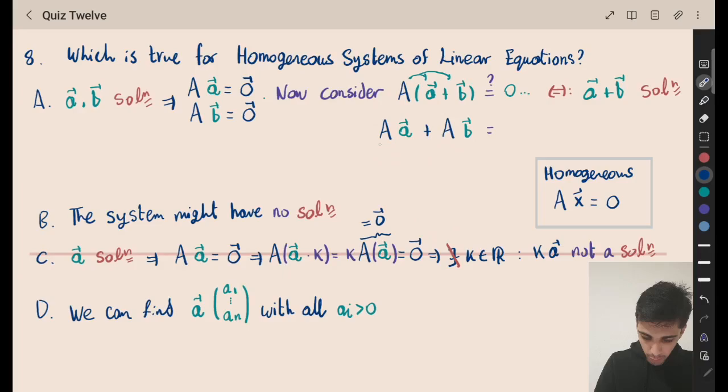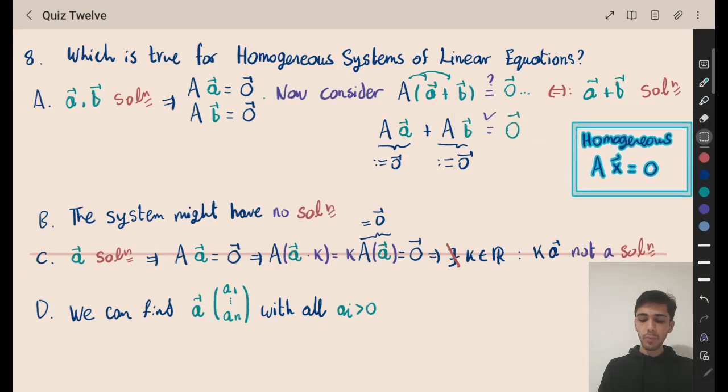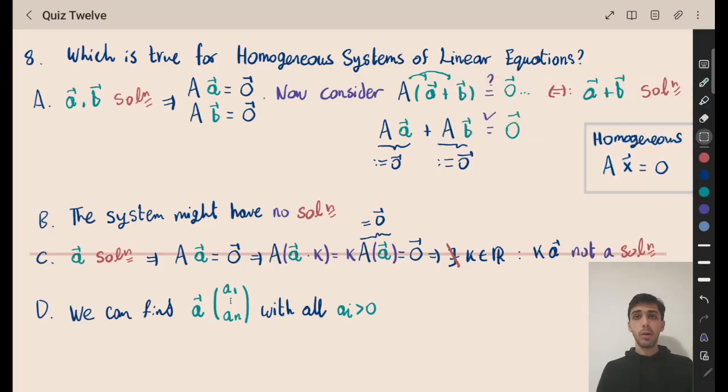And to my good fortune, this is by assumption equal to the 0 vector. This is by assumption equal to the 0 vector. So it is indeed true that if I add the 0 vector to the 0 vector, I'll get the 0 vector. And so it is indeed true that A plus B should be solutions. So the idea really here is to grasp the concept of linearity of the matrix. That's number one. And number two, you need to familiarize yourself with what a homogeneous system of equations is.